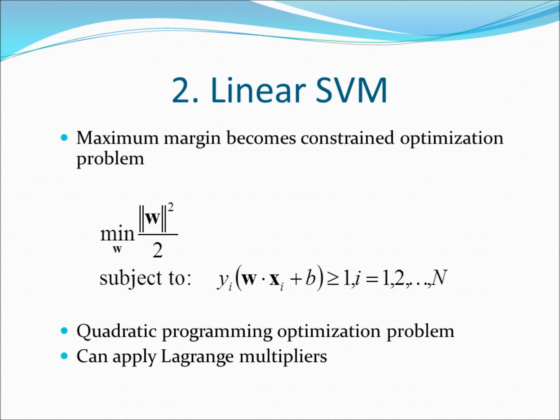standard optimization problem. We call it mathematical programming, or sometimes call it quadratic programming. Why quadratic? That's a square. That basically is W1 squared plus W2 squared plus W3 squared, in the same way like 3 squared plus 4 squared plus 12 squared, right?